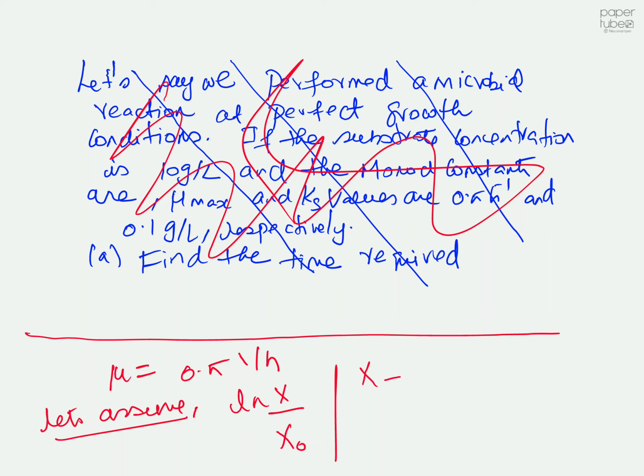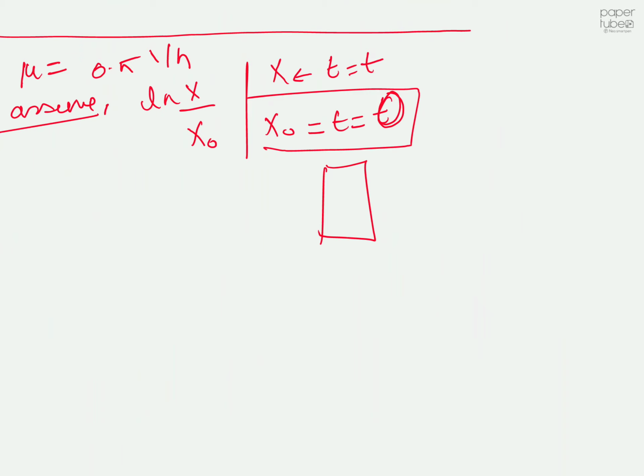Here x is your microbial concentration at time t, and x0 is the microbial concentration when time t equals 0. When you started your experiment, you have a fermenter, you add some seed or inoculum, and that concentration is your initial concentration x0.